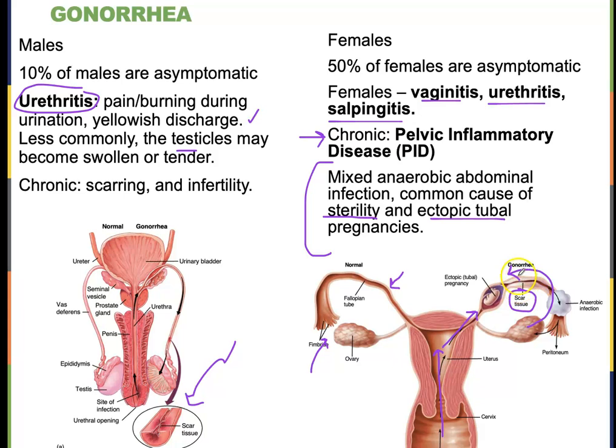Now, as the fertilized egg travels down the fallopian tube, it should make it to the uterus. However, if you have a very narrow fallopian tube due to the scarring from this infection, the egg sometimes will start to implant into the wall of the fallopian tube and begin to develop, and that's called an ectopic or tubal pregnancy. This is never viable. This needs to be removed, and it can be very dangerous for the woman.